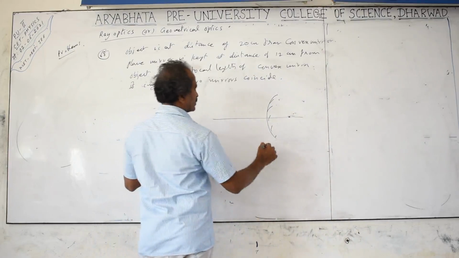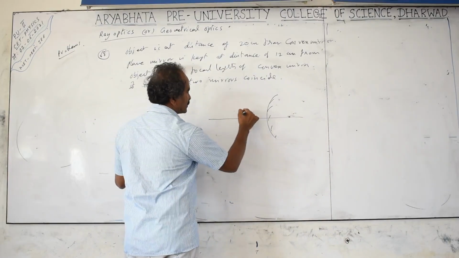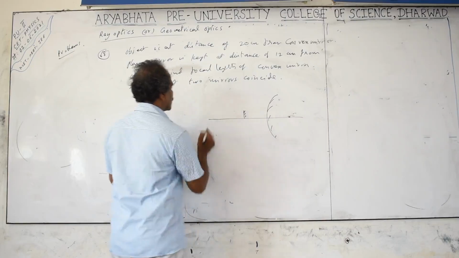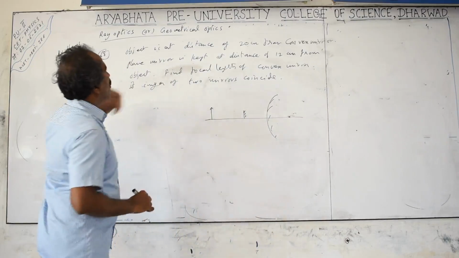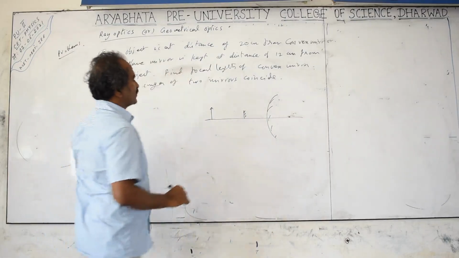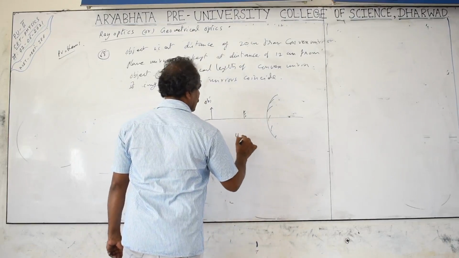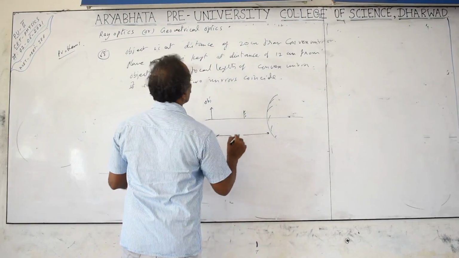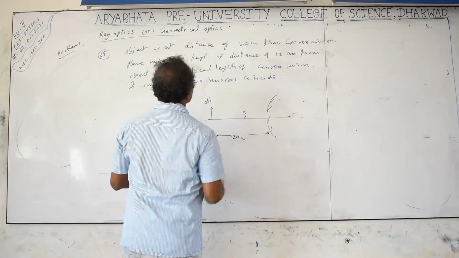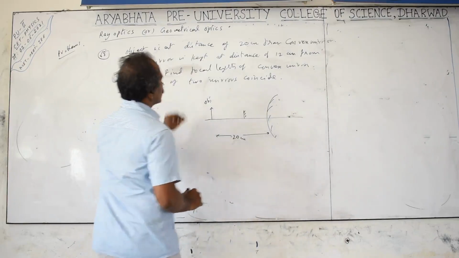This is a convex mirror, and one plane mirror is also kept in front of it. The object is kept at some distance here. What they told is the object is at a distance of 20 centimeters from the convex mirror, and the plane mirror is kept at a distance equal to 12 centimeters.